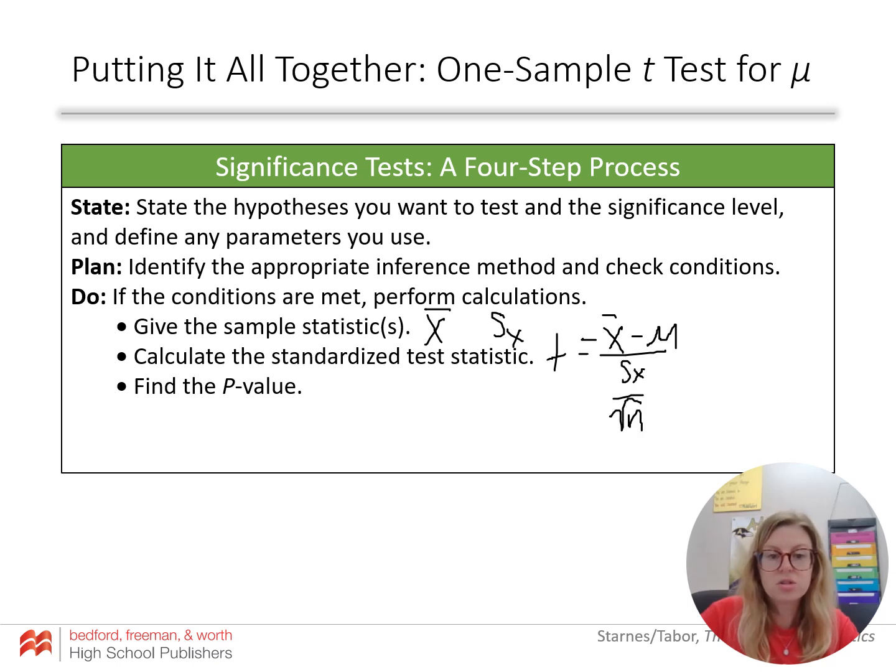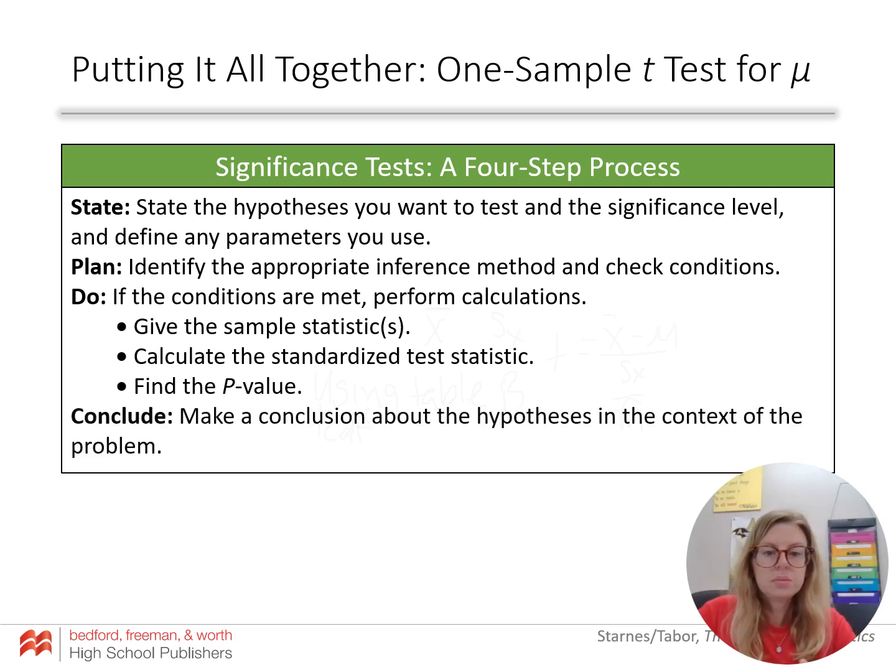And then to find the p-value, you're either going to say using table B, or we're going to use tcdf. And then the last thing we're going to do is make the conclusion. Remember, if the p-value is less than alpha, we reject the null. That means there is evidence for the alternative. And if the p-value is greater than alpha, then we fail to reject the null. There is not evidence for the alternative.